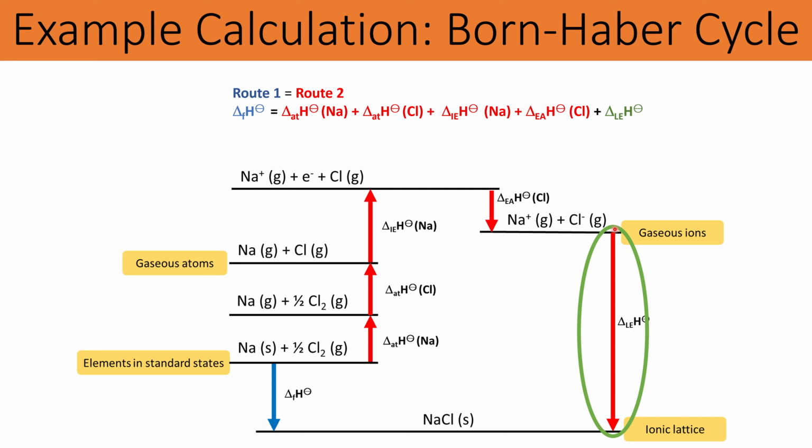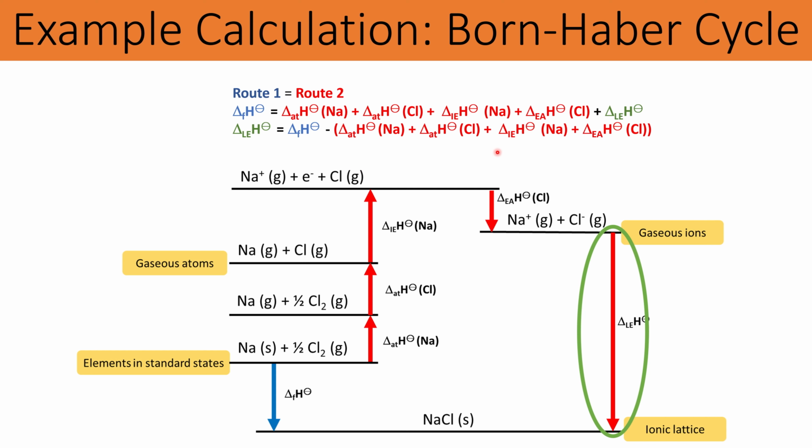We're just adding all of these up to complete route 2 because it's made out of multiple values. Now that we've got this equation, we can rearrange it. If we rearrange it, we find that if you take away all of these values from this value here, then you will get the lattice enthalpy. And that's the basis of Born-Haber cycle calculations.